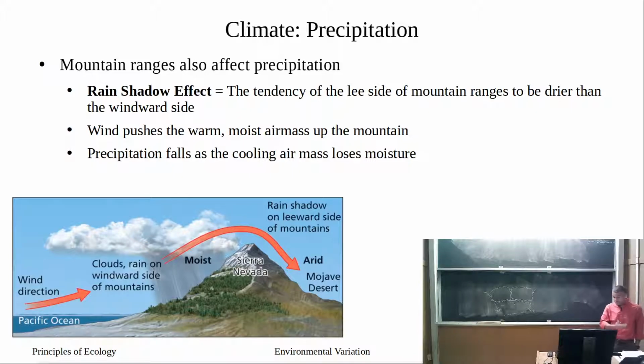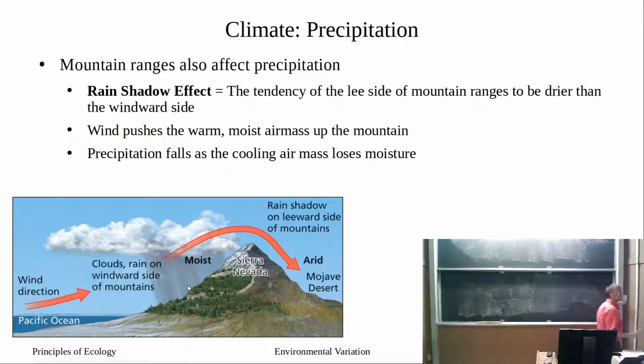All right, especially if that ocean current that's there is warm, that air mass is going to be warm. It's going to have more moisture. The winds generated by the rotation of the Earth, and this sort of rising and falling of our air masses, that wind's going to push that warm, moist air mass into the mountain range.